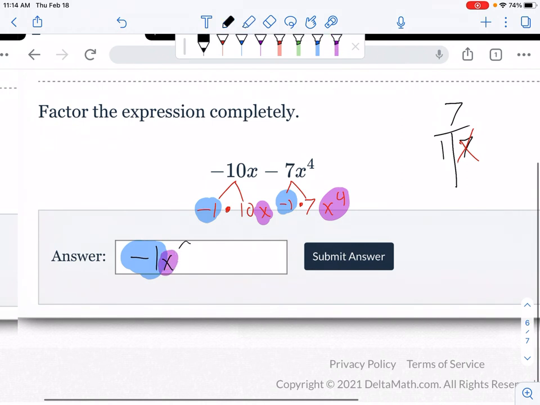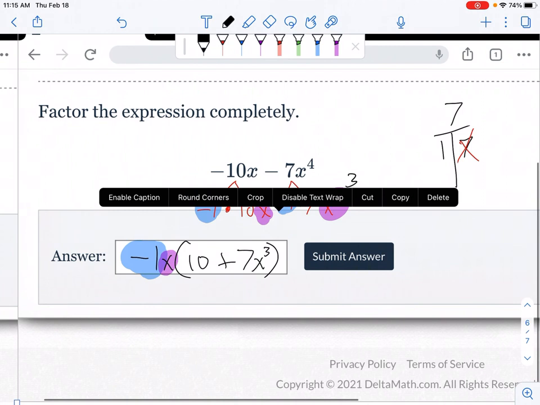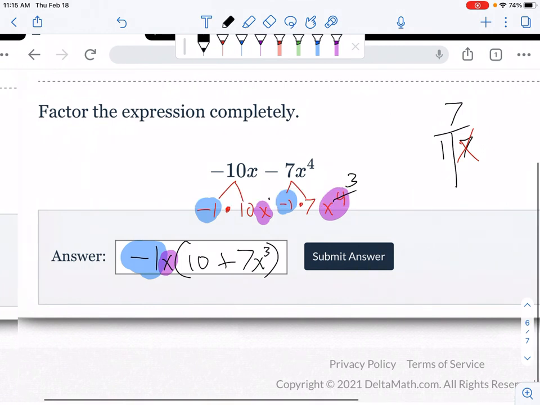And that's going to leave me with 10 plus 7 x to the third, because we pulled one away and dropped the power there. I guess we could do that, drop it to 0 and drop that to 3.